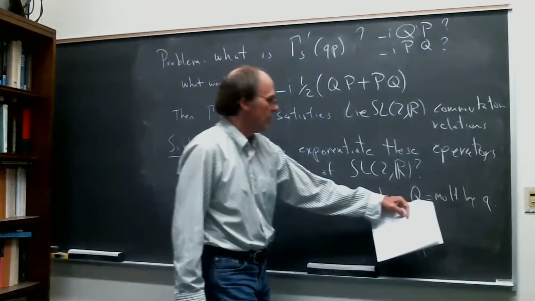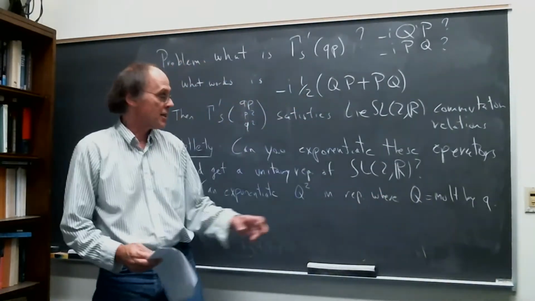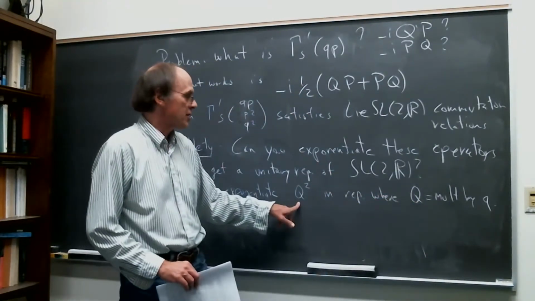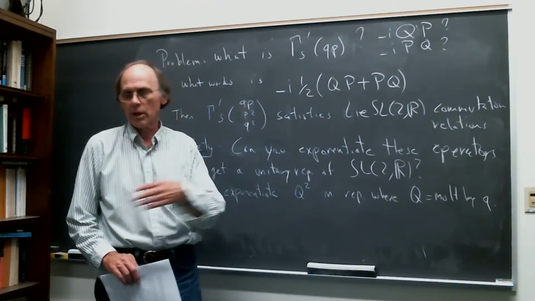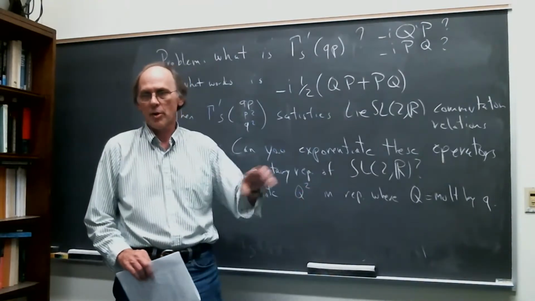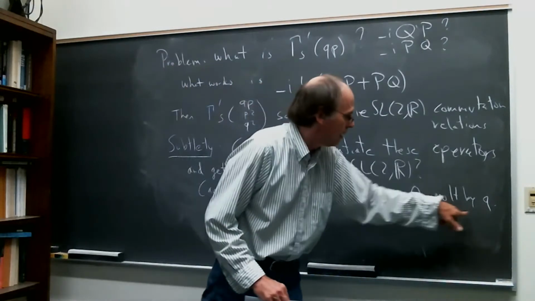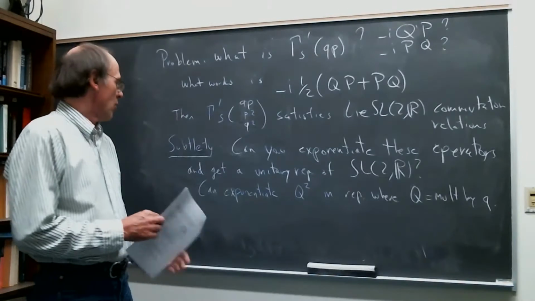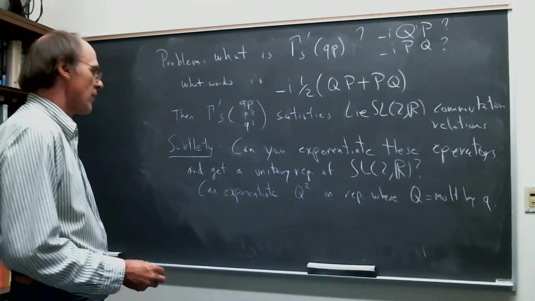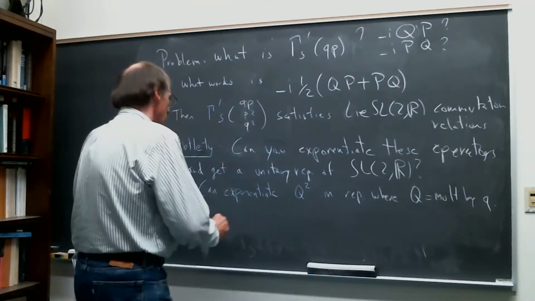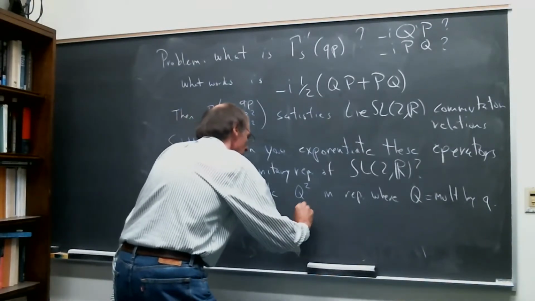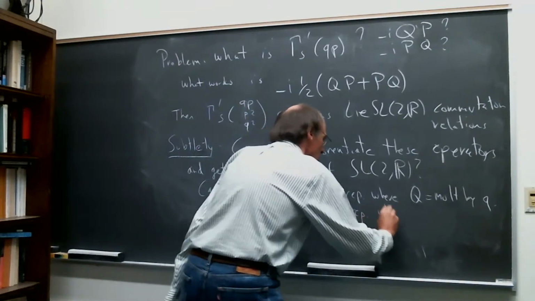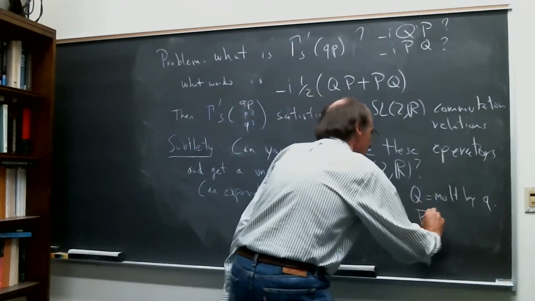So if you're in the so-called position space representation where the q operator is just multiplication by q, then exponentiating q squared is just multiplying by the exponential of q squared, and that's easy. Or p squared, or p.